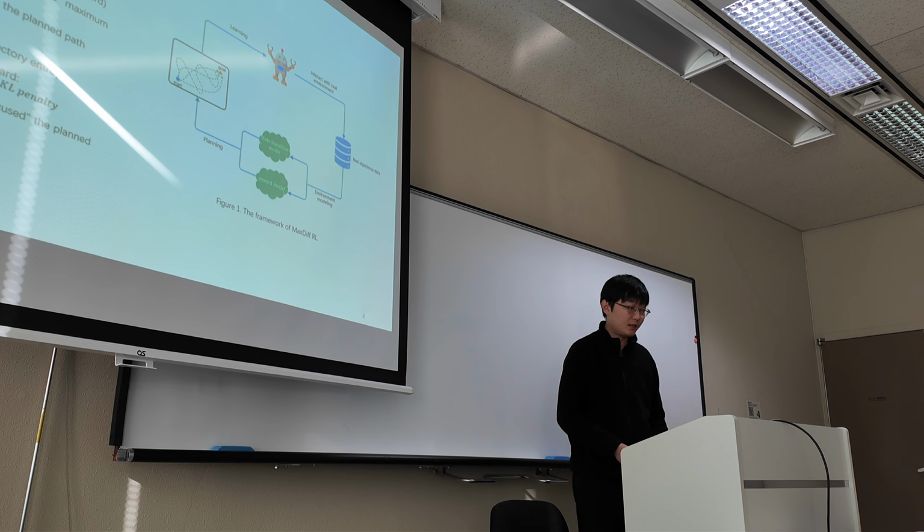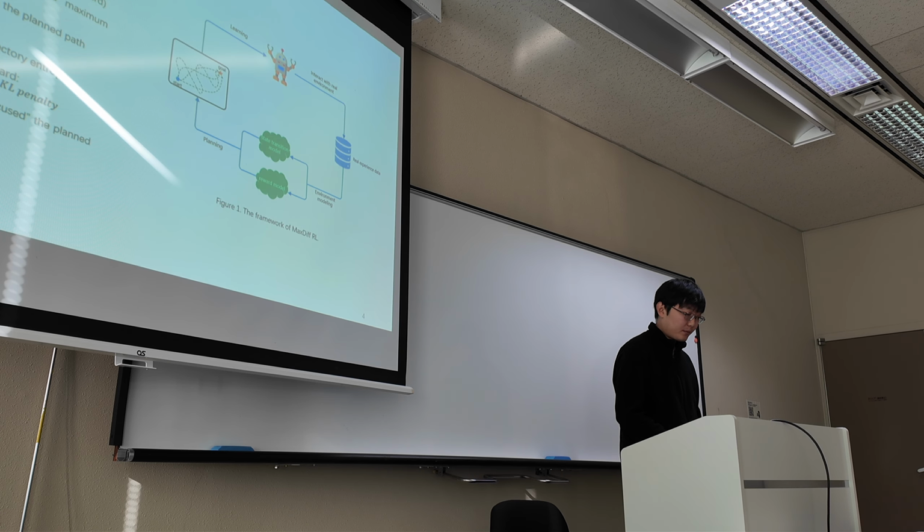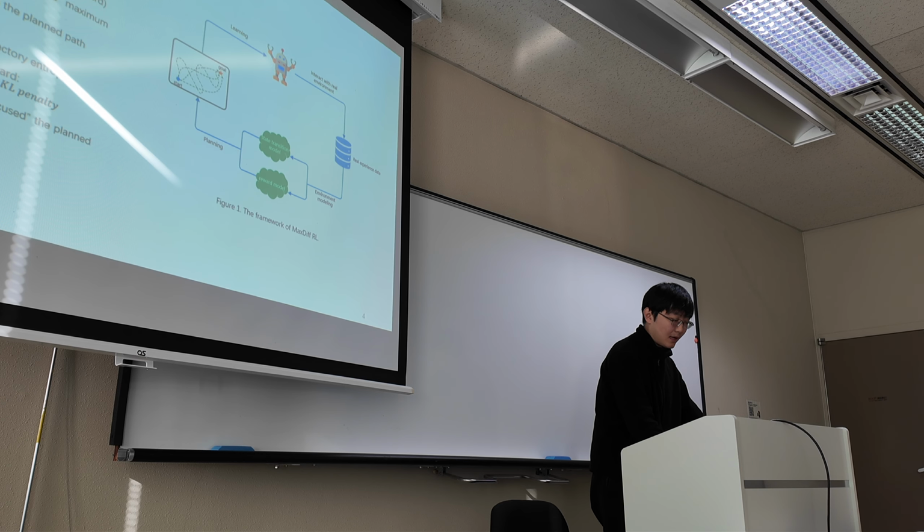And let me briefly introduce maximum diffusion RL. First, the agent interacts with the real environment to collect the data and store the data into the replay buffer. And then it builds a model of environment which includes both the transition model and the reward model.